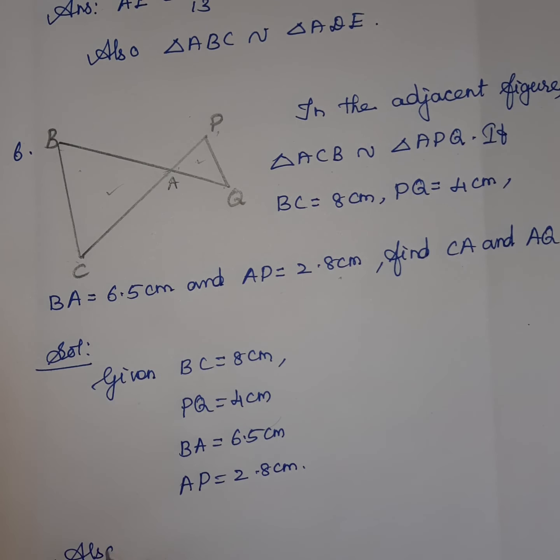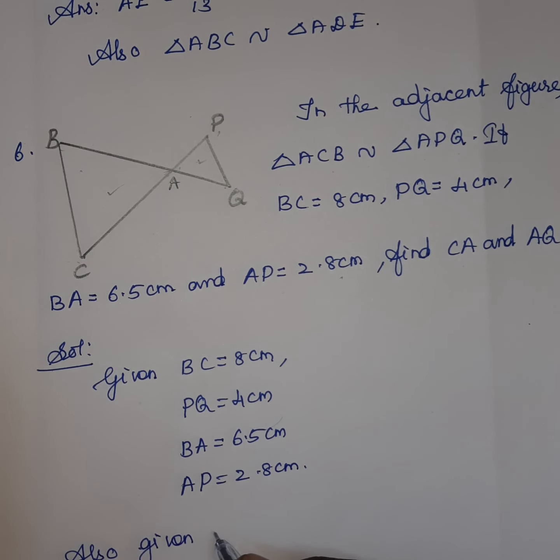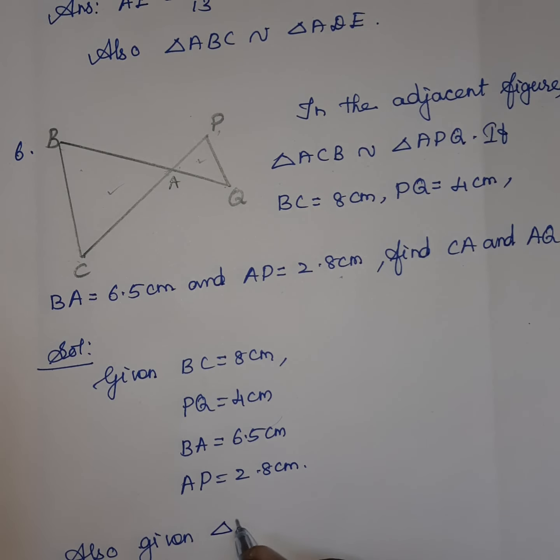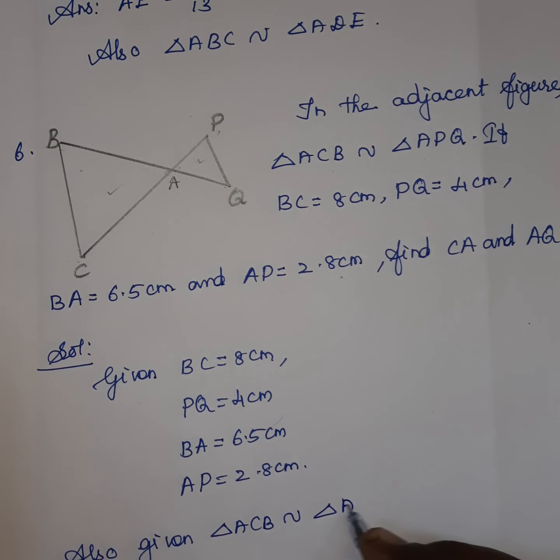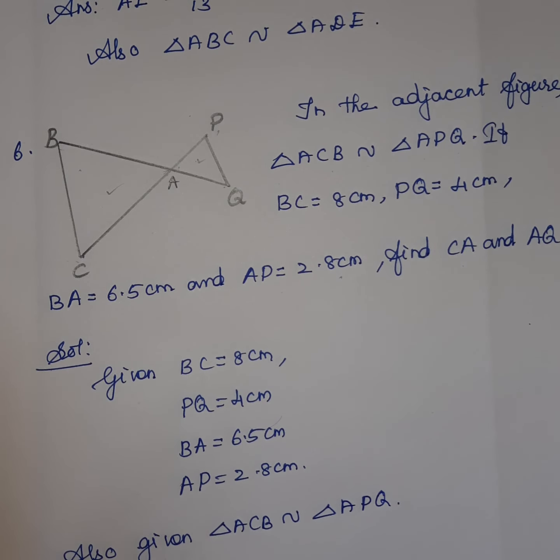Also given, first condition, we are writing second since we are going to continue the sum using the first condition. Triangle ACB similar to triangle APQ implies the corresponding sides are proportional.